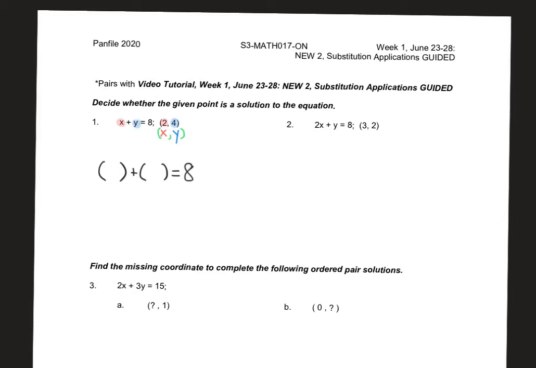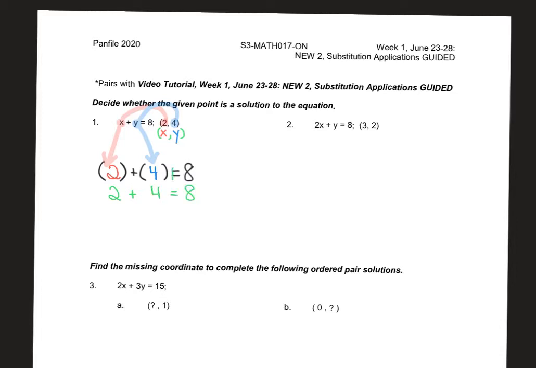Meaning, the x will come there, the y will go there. I will place a 2 in that first parentheses. I will place a 4 in that second parentheses. And I will end up with 2 plus 4 equals 8.